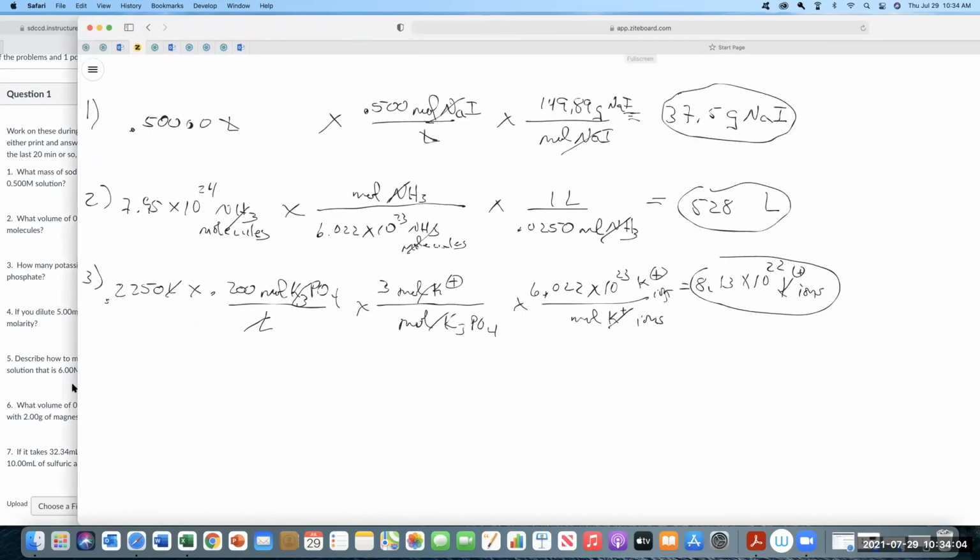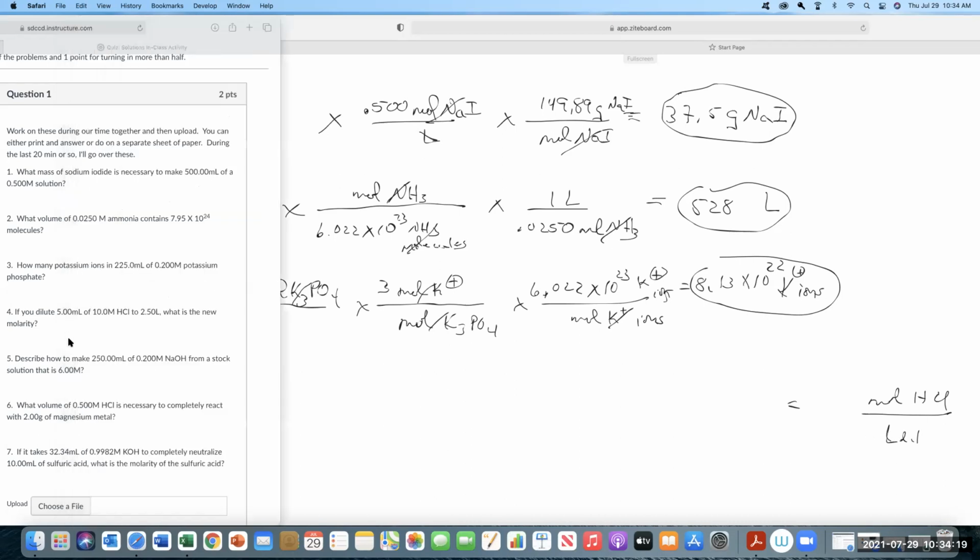So for number 4, we want moles of HCl per liter, let's just say of the dilute solution. Now we can get moles of HCl here.